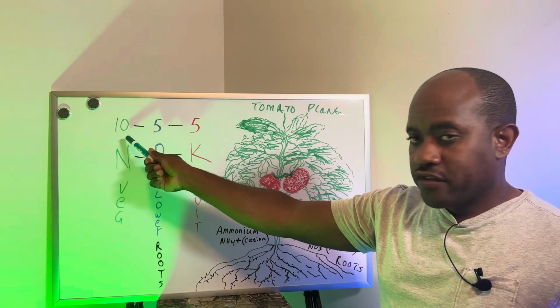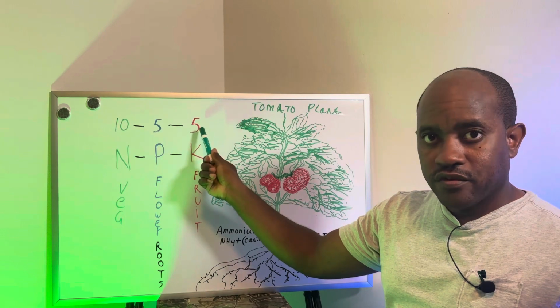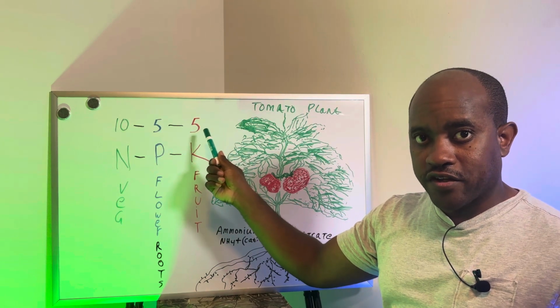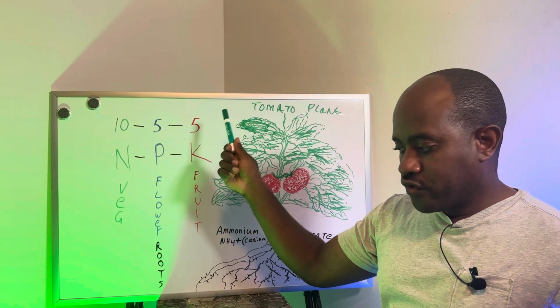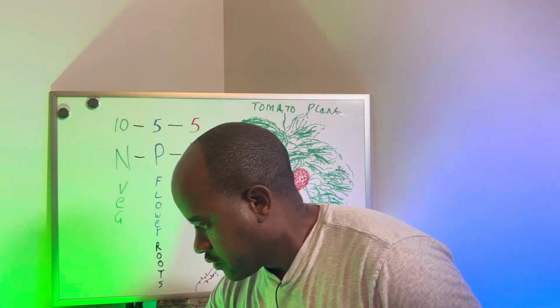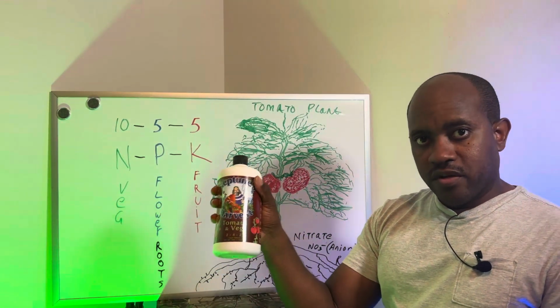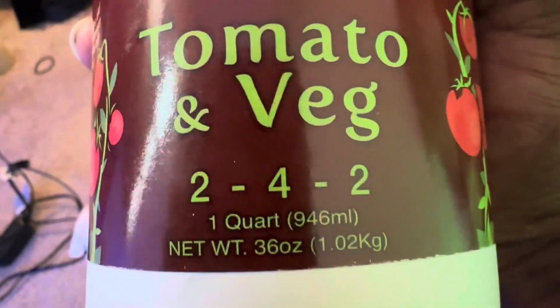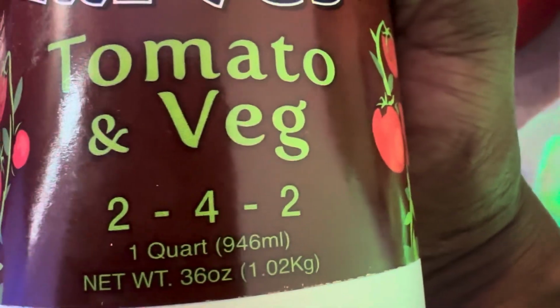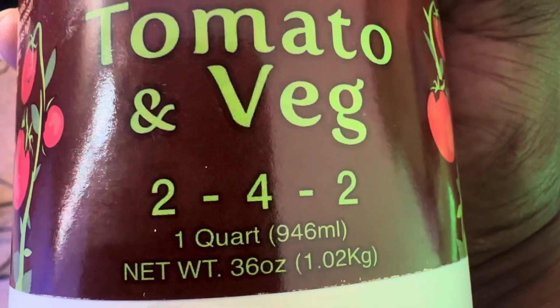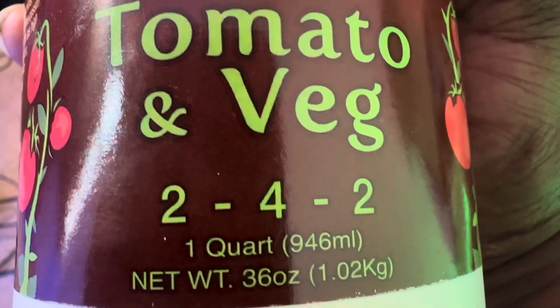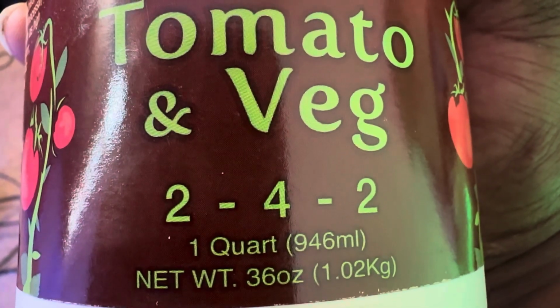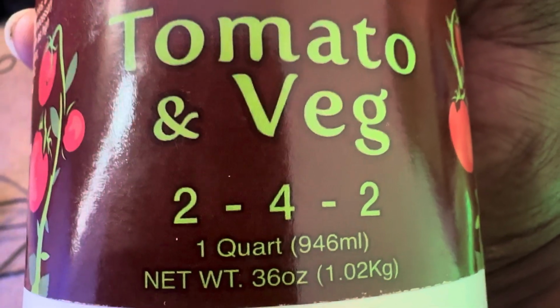If your nitrogen is higher than these two, you're mostly going to get a lot of vegetative growth, which is why this Neptune Harvest is an organic fertilizer. If you look on the front right here, the nitrogen is 2, the phosphorus is 4, and the potassium is 2. The numbers on this fertilizer are lower because this is what we would call a slow release fertilizer.